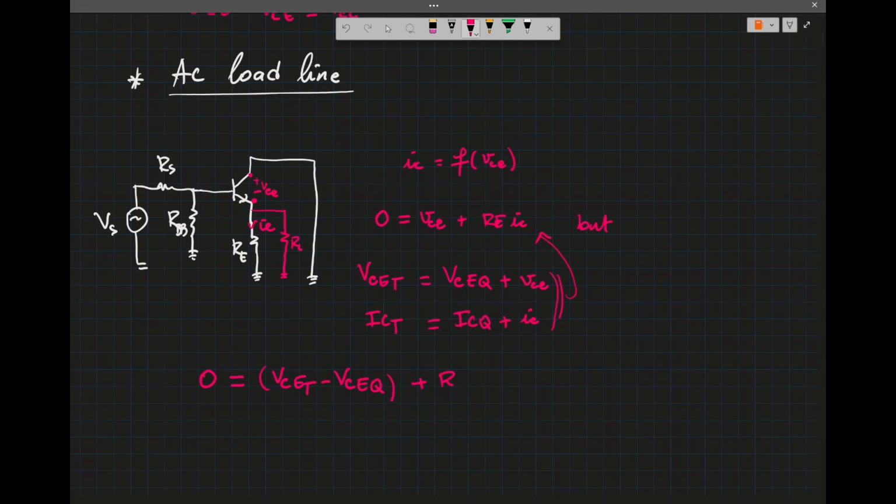Right, so here will be RE parallel our load, when we do the AC. So IE parallel our load, and then that is IC total minus ICQ.